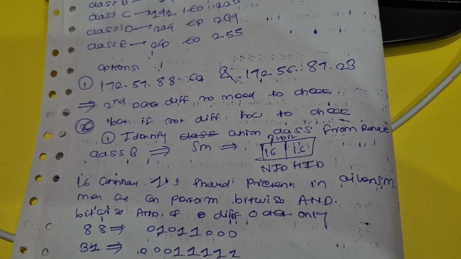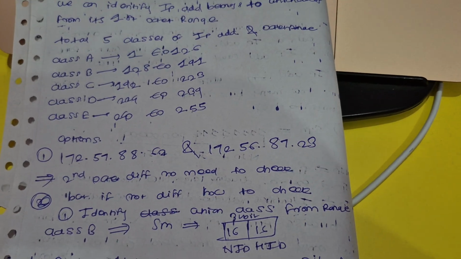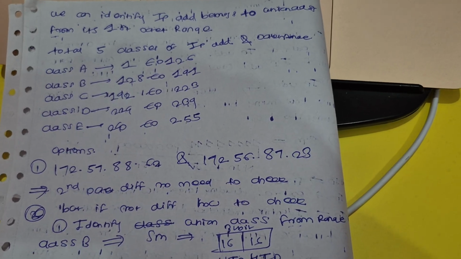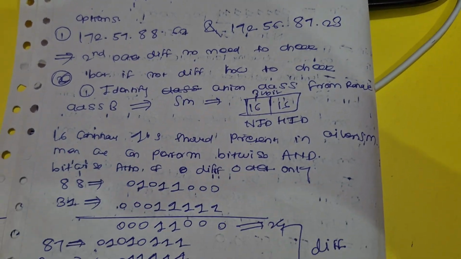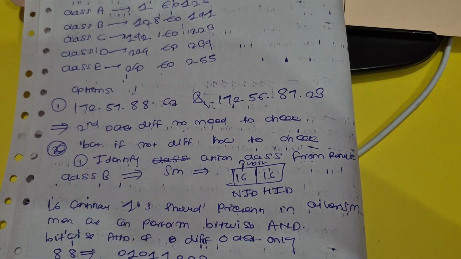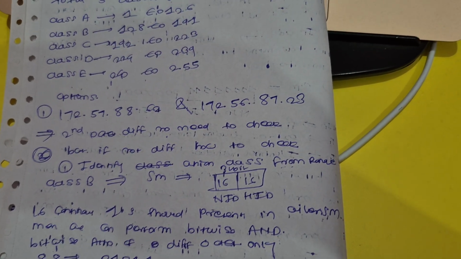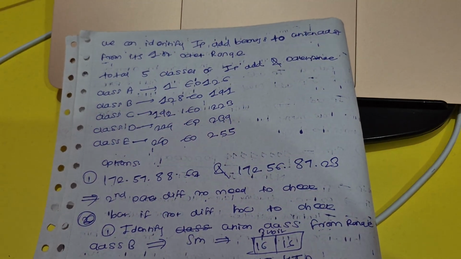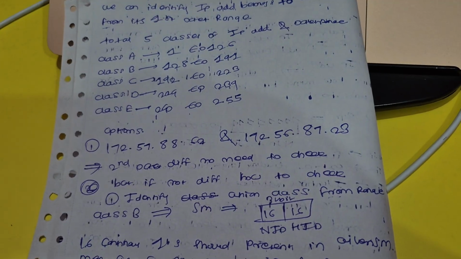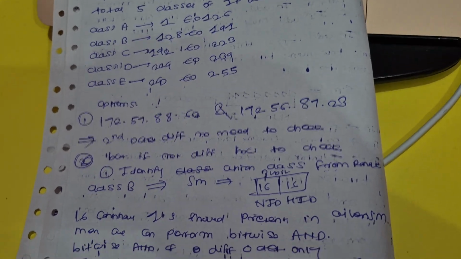We need to perform bitwise AND for the third octet because it's different, which is 88 and, of course, IP address and subnet mask, then again IP address and subnet mask. So 88 and 31, because that's the third octet from the subnet mask, which is 255.255.31.0.